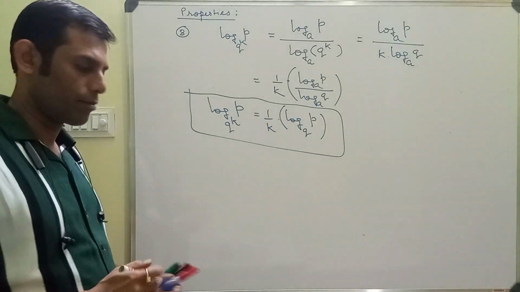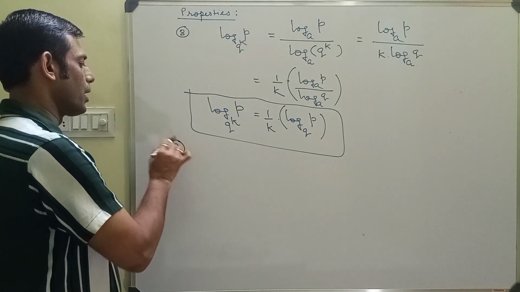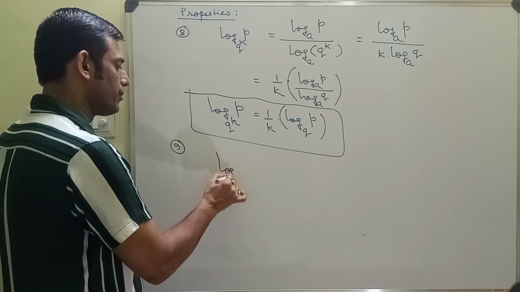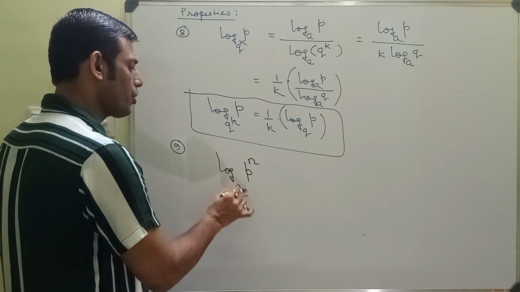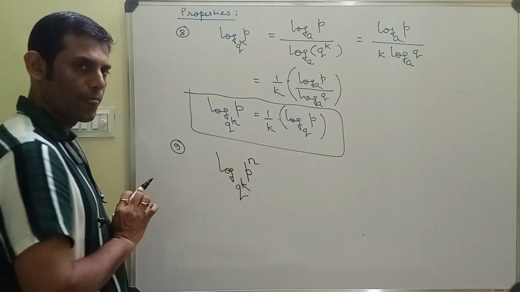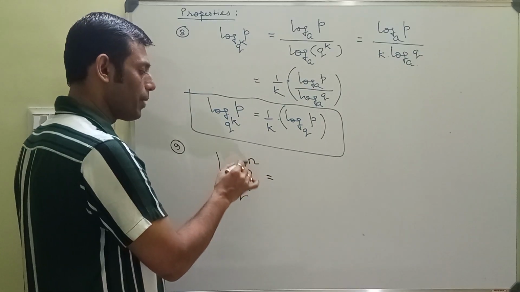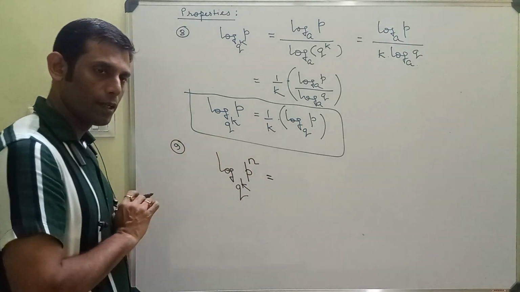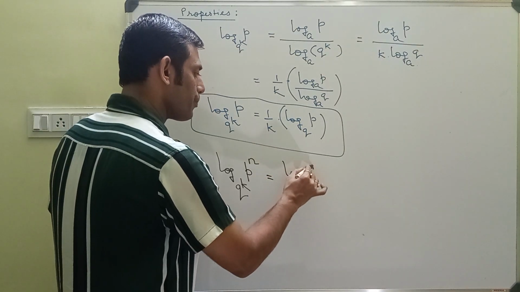Let's take property 9 right here in a small space. Property 9 inspired by property 8. What if I have log p power n base q power k? Can you guess on this? The power rule applies, n goes to the side. Or if you want to change base, how about this?